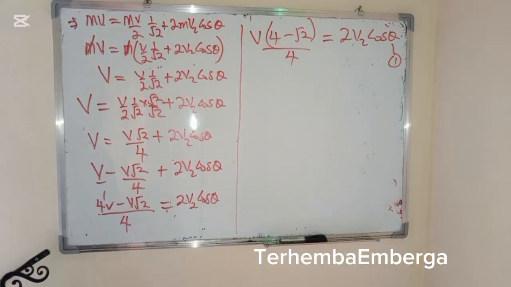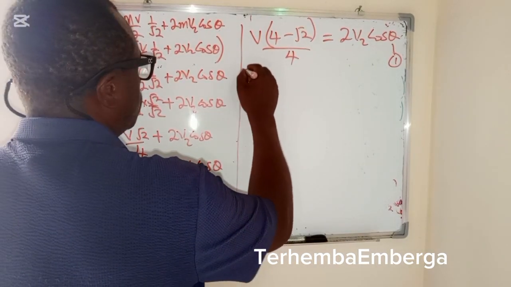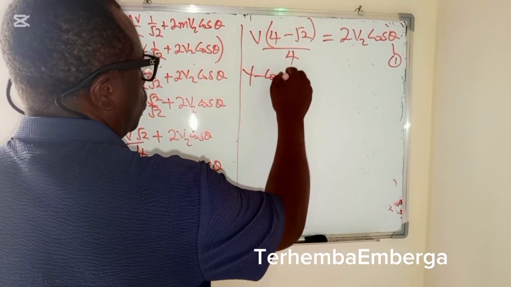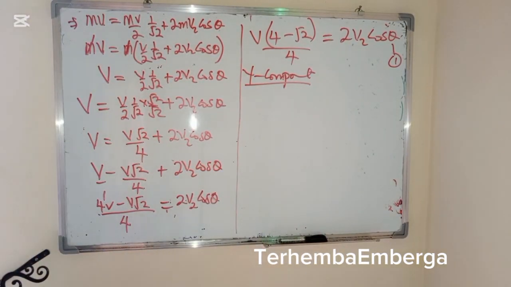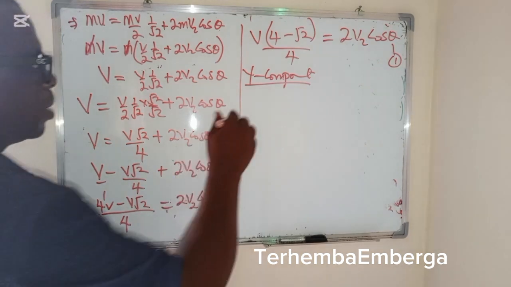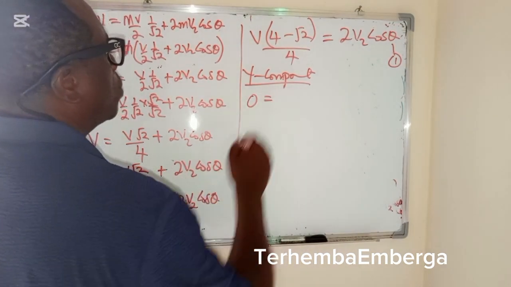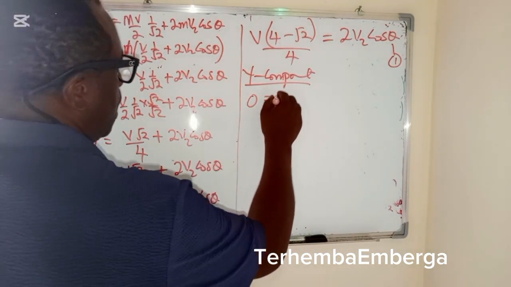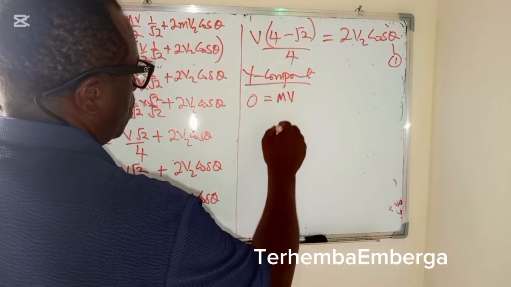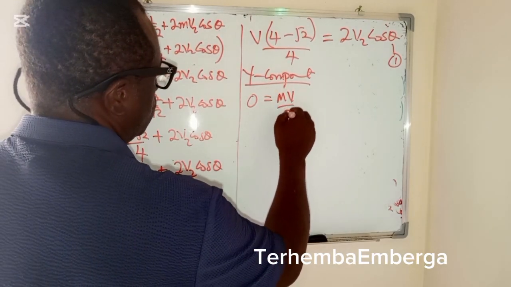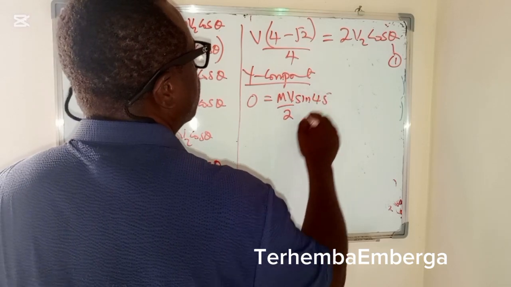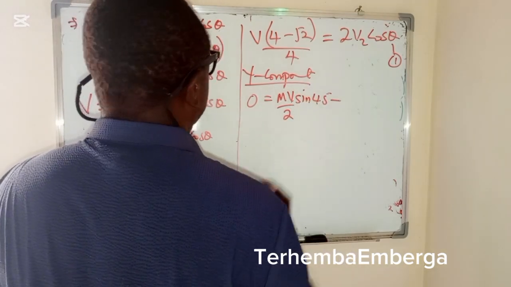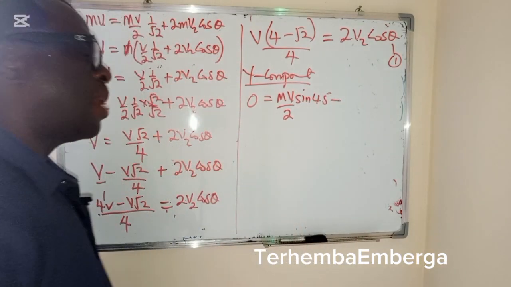So considering the y components, for this we have 0 equal to mv over 2 sine 45 minus, why is it minus?